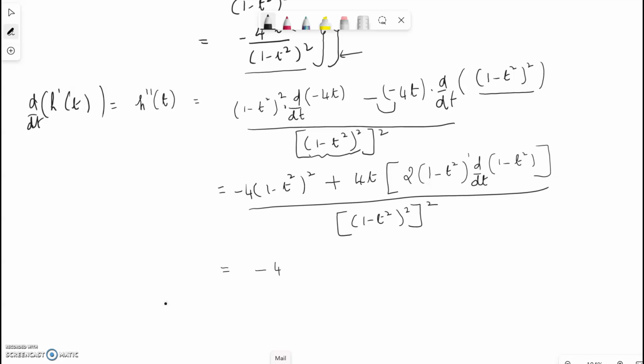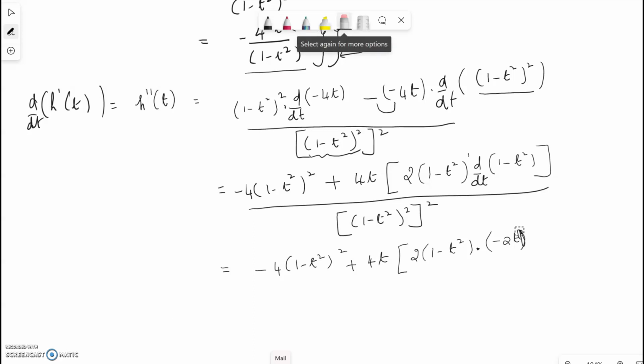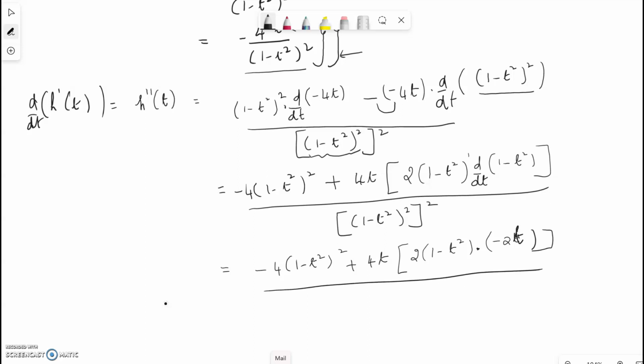So this is negative 4 1 minus t squared the whole squared plus 4t times 2 1 minus t squared to the 1 times d by dt of 1 is 0, d by dt of t squared is negative 2t. The whole divided by 1 minus t squared to the 4th power.